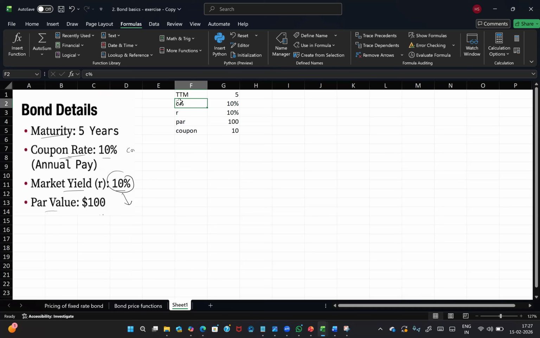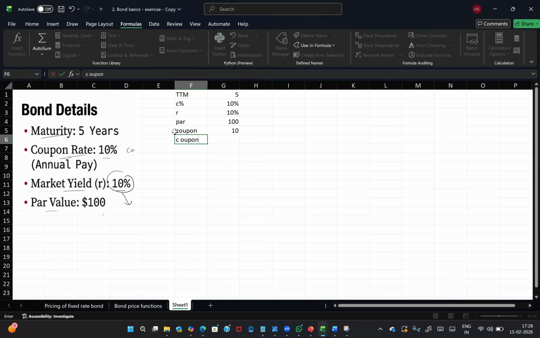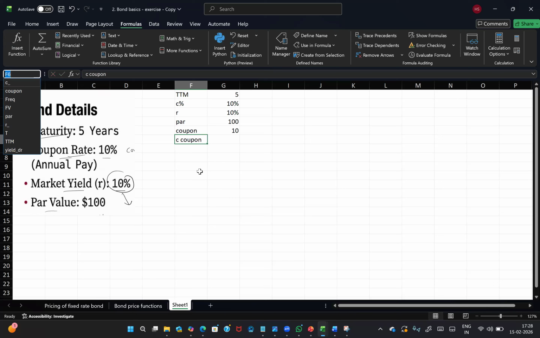Excel will store that as an underscore. Suppose I write C space coupon. If I try to give a name to this, Excel will store that as C underscore coupon. So any space or any special character is going to be stored as an underscore here.